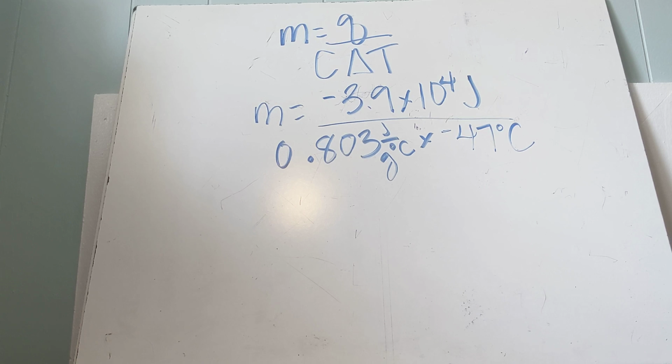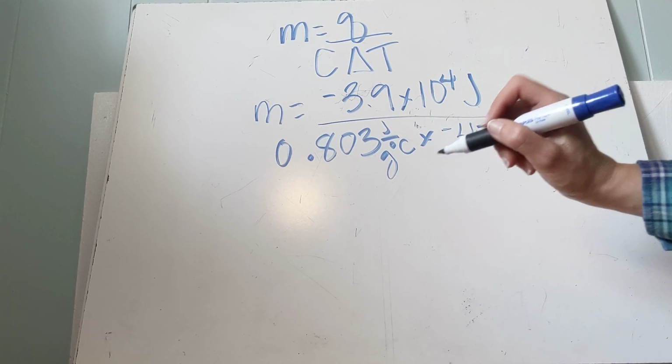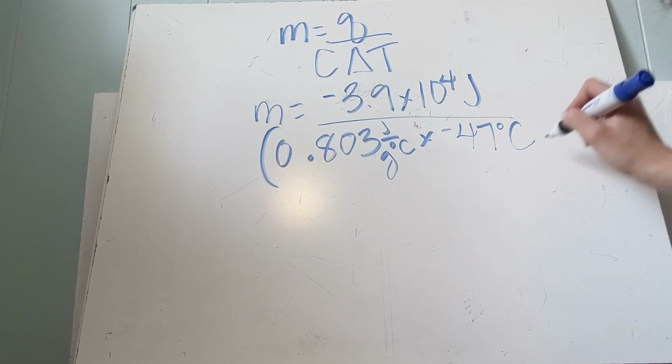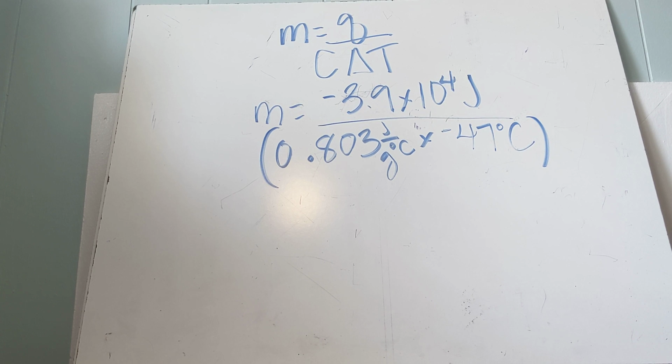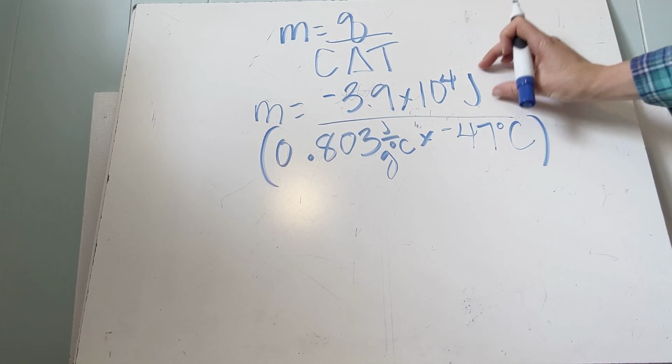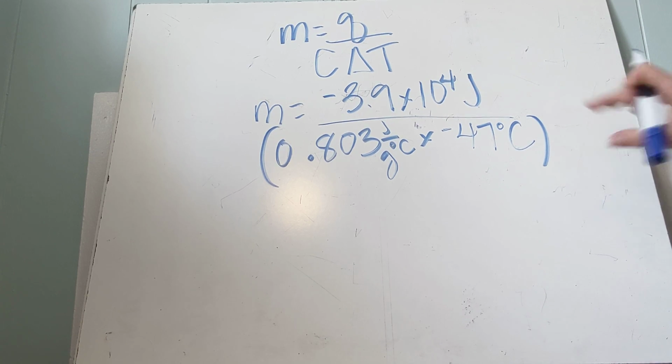Okay. Plug this into your calculator, and again, I would make sure, just like we always do, to put parentheses around the bottom so that you are dividing this value by this whole value.